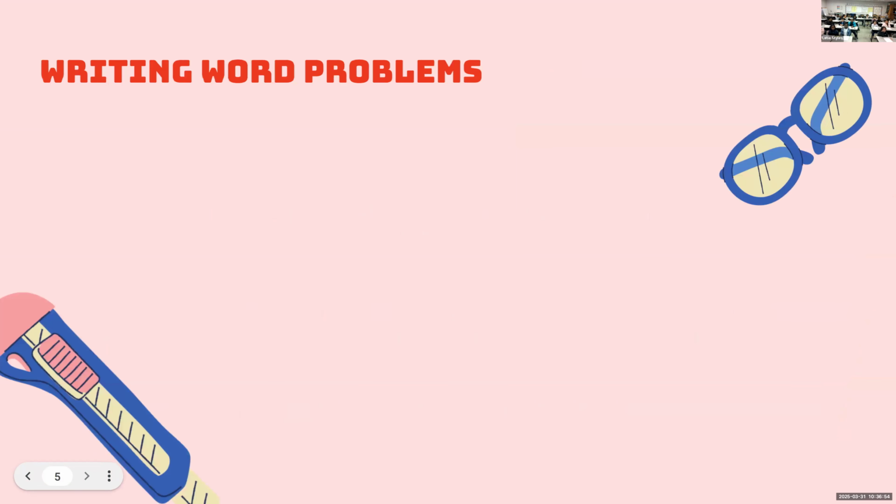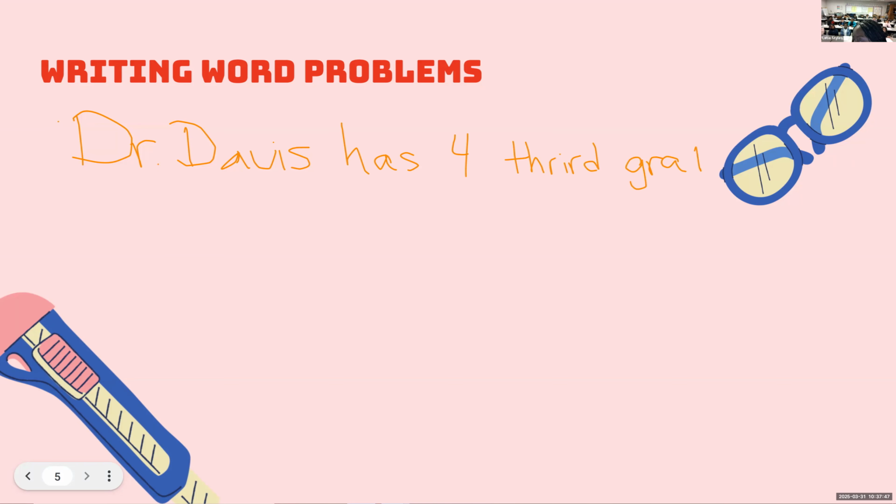So, for example, if I was writing a word problem and wanted it to be about Dr. Davis, I'm gonna start out by saying Dr. Davis has 4 third grade classes.